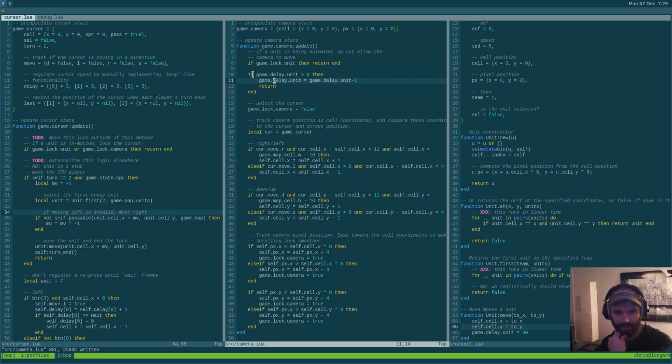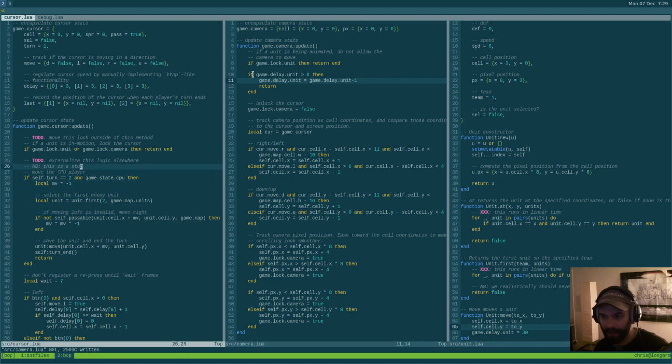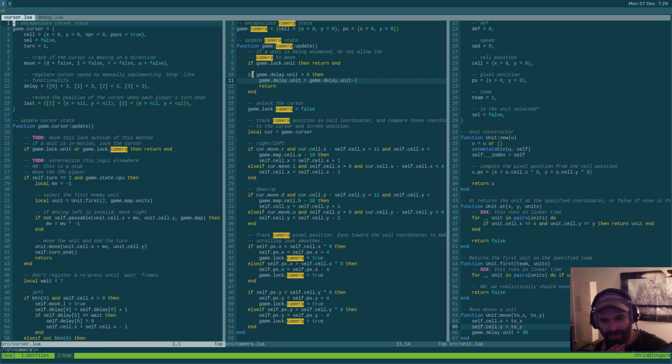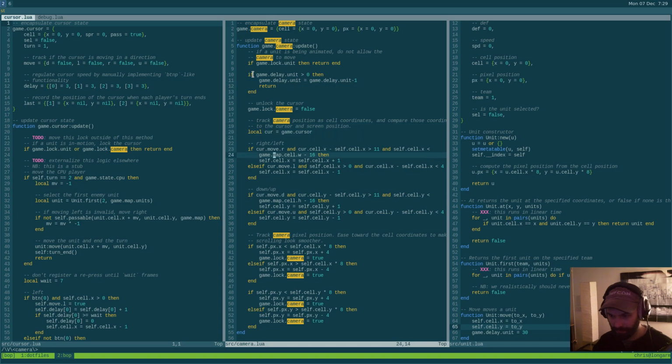Where's our camera lock? Game.lock.unit or game.lock.camera. Where are we setting the camera lock? I don't remember. Okay, we're setting it down here.